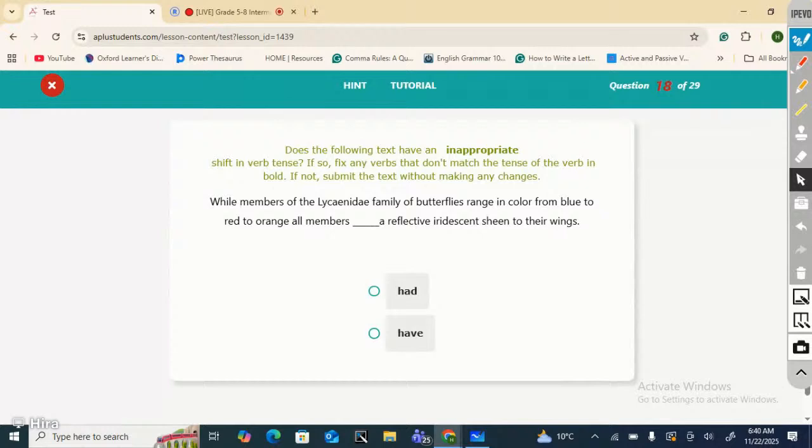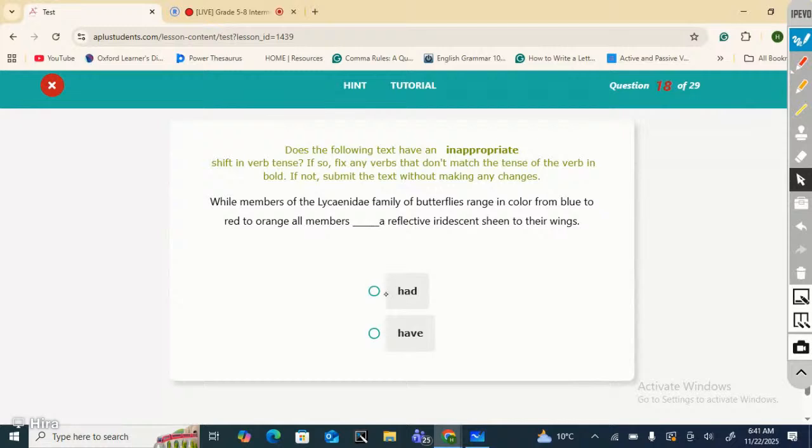You are quick, Priyan. Priyan's answer is correct. It is have. Option two. And Semi also said option two.